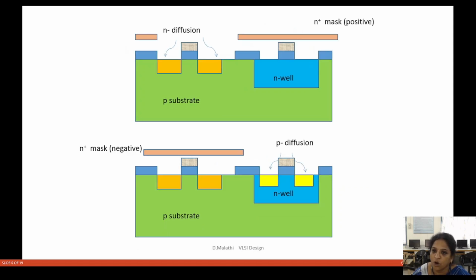After the polysilicon layer, an N plus mask is used to mask the N-well, and heavily doped N plus regions are formed in the P-type substrate by the N diffusion process.